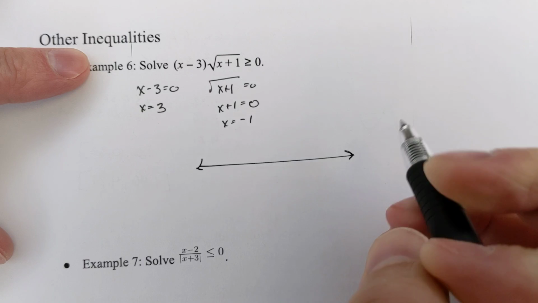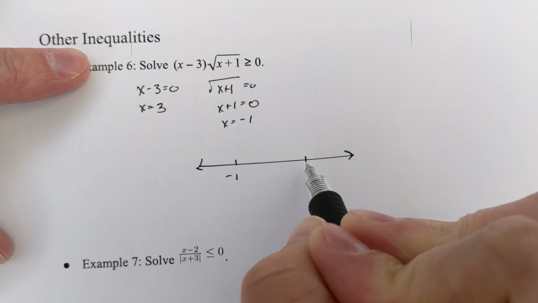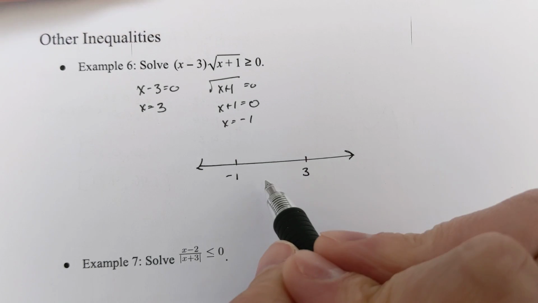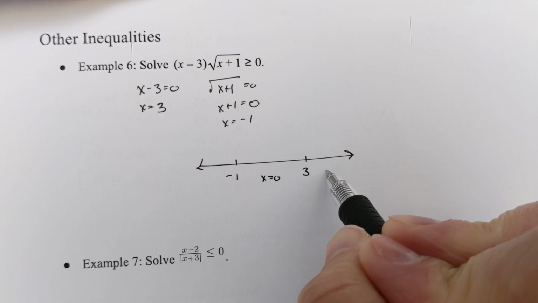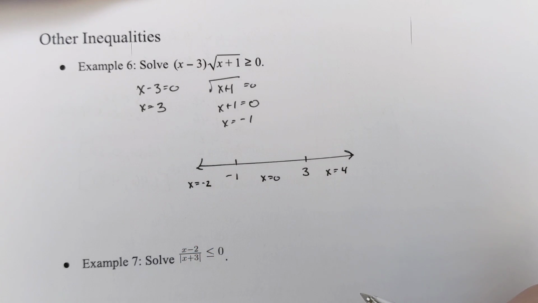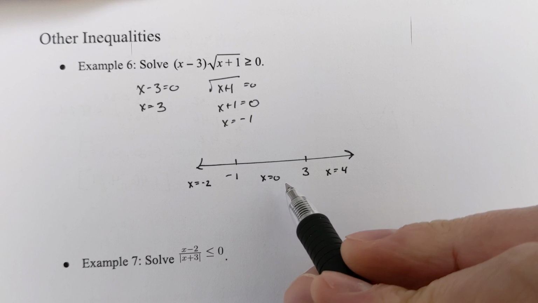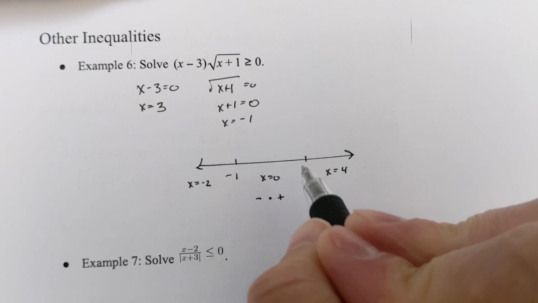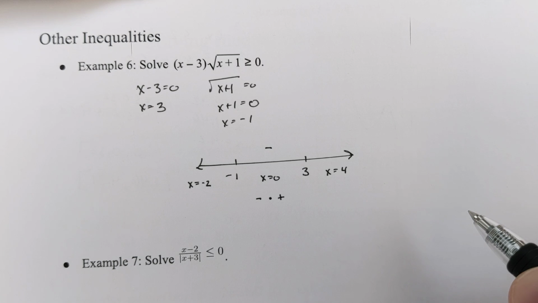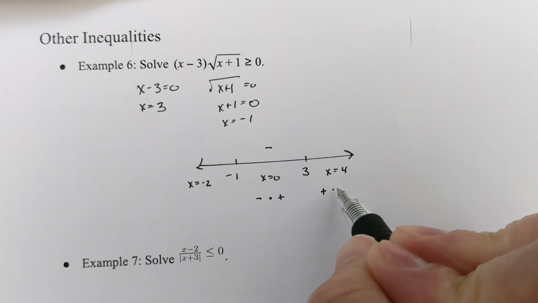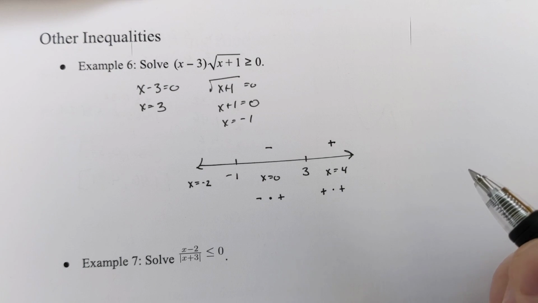So sign chart, -1, 3. So 0 falls in here, so we'll do 0, we'll do 4, we'll do -2. When x is 0, my expression becomes a negative number times a positive number, which is negative. When x is 4, I get a positive number times a positive number, so that's positive.